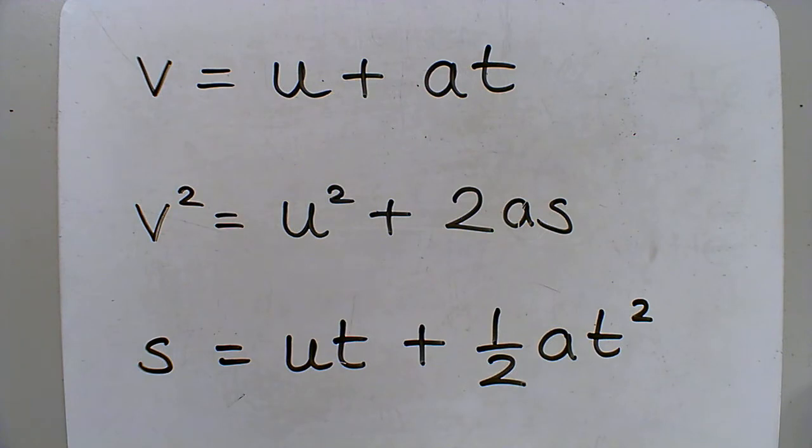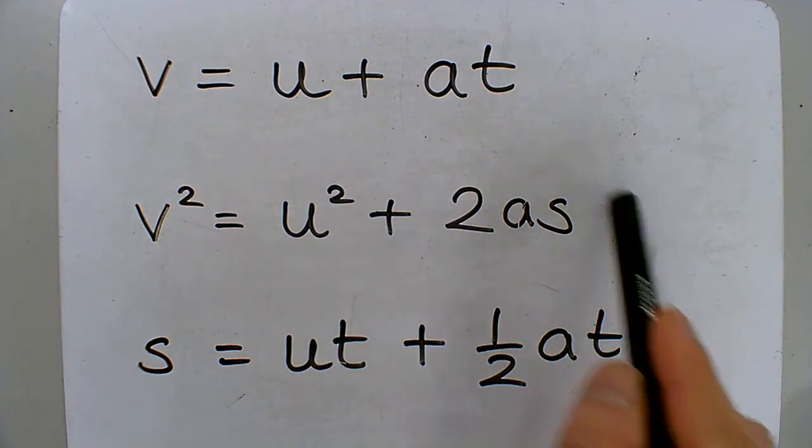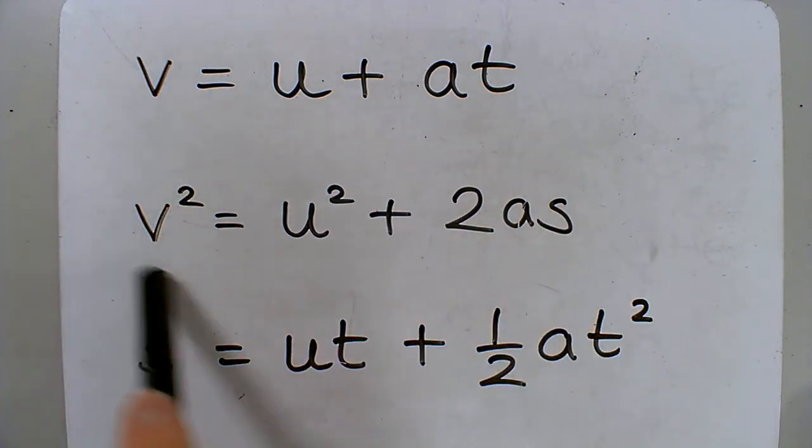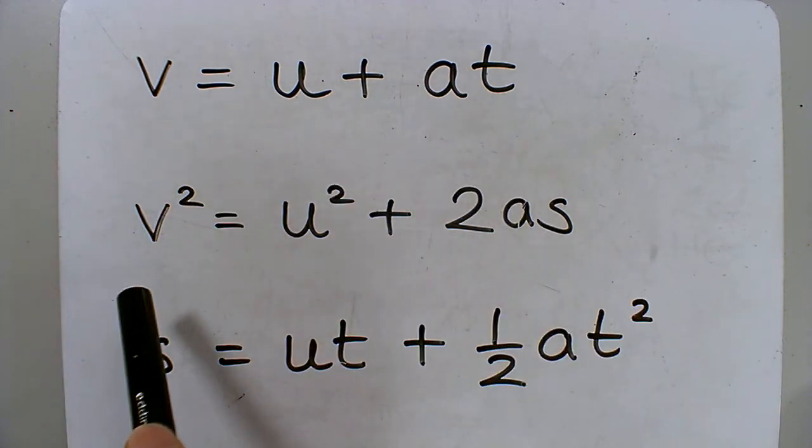If, for example, you're trying to find the acceleration and they've only given you information on the final velocity, initial velocity and the displacement, but you have no information for time, then you would go for this one, because this is the only equation that doesn't involve time.